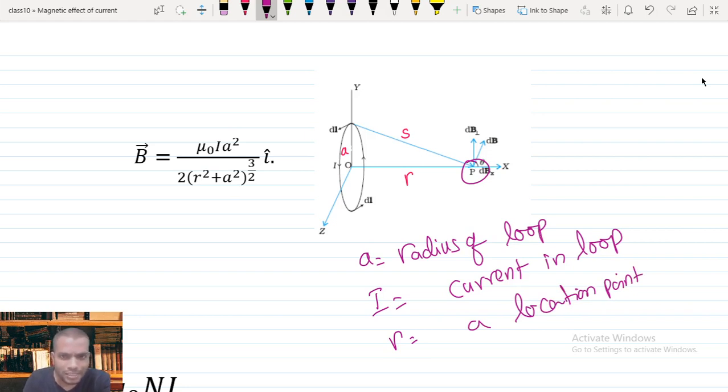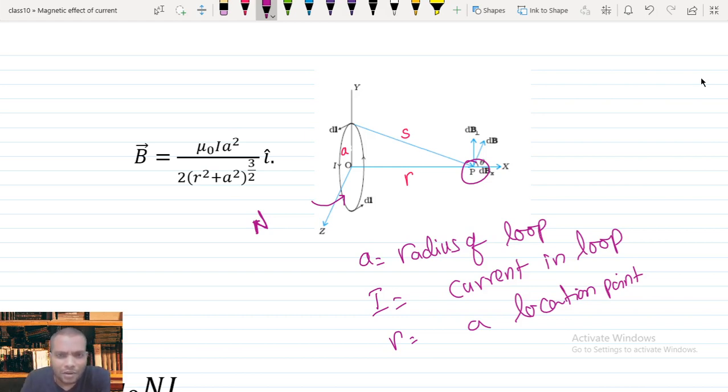A small change: suppose this loop is made up of so many turns. If we make loops one over the other like that, with capital N number of turns, since usually coils cannot be made with a single turn. So a coil is made up of a number of turns.